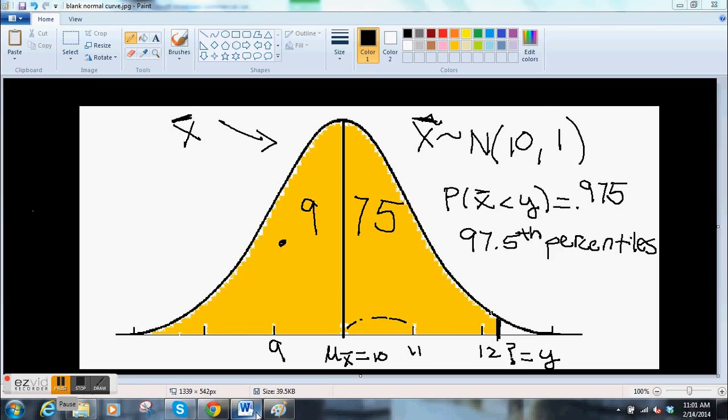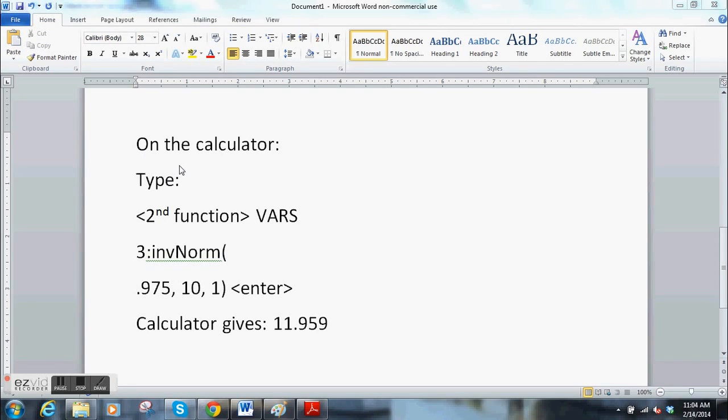Okay, so I'm going to type up the instructions for how to find this on the calculator. First of all, type second function vars, variables, that gives you the distribution. Then you arrow down to the 3, inverse normal function, and then you hit enter. Then you type in the percentile that you're looking for.